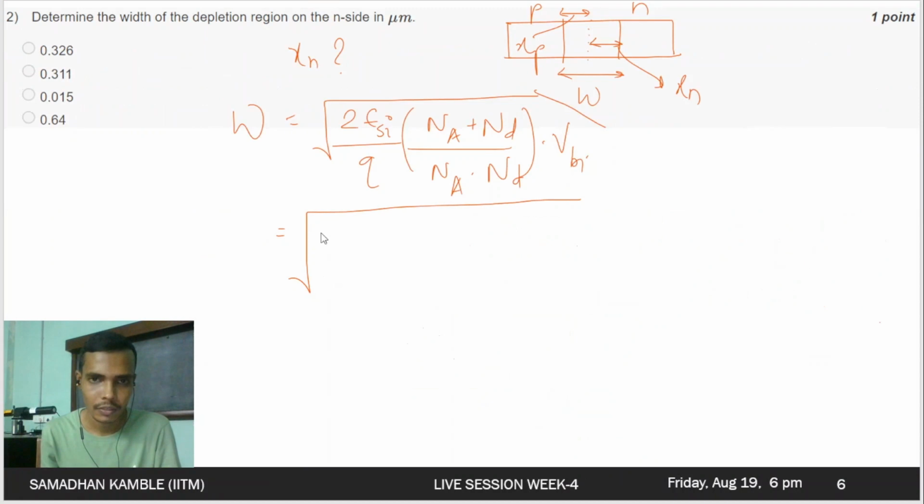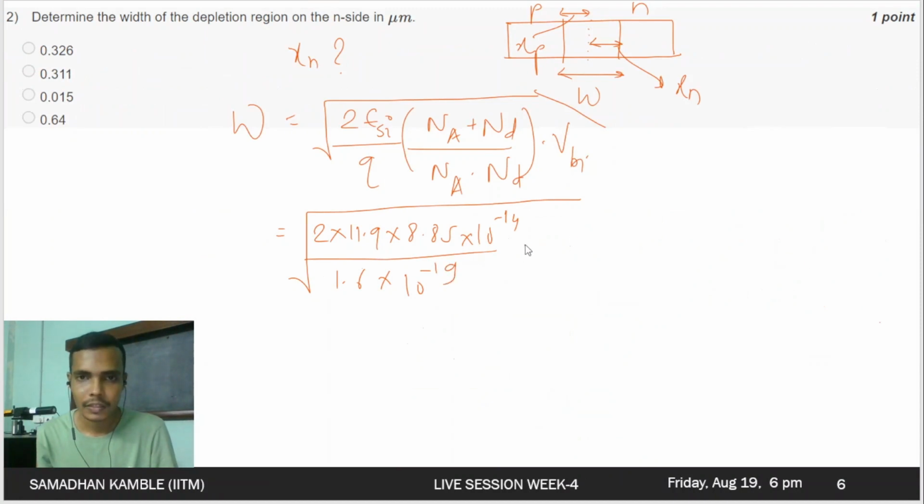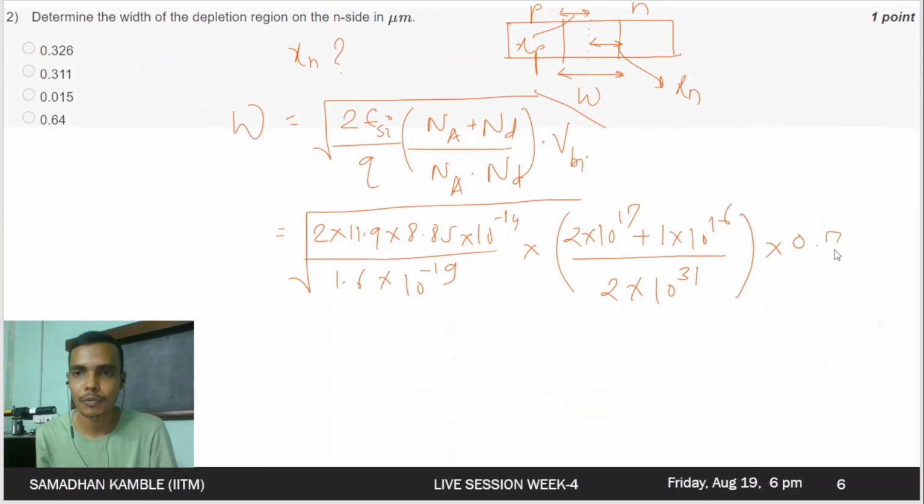Let me substitute the value of epsilon for silicon, that is 11.9 times 8.85 times 10 to the power minus 14, divided by charge, 1.6 times 10 to the power minus 19 coulomb, times the acceptor concentration 2 times 10 to the power 17 plus the donor doping 1 times 10 to the power 16, and we can do the multiplication of these here, that is 2 times 10 to the power 31, times the built-in potential that we calculated, which is 0.772.